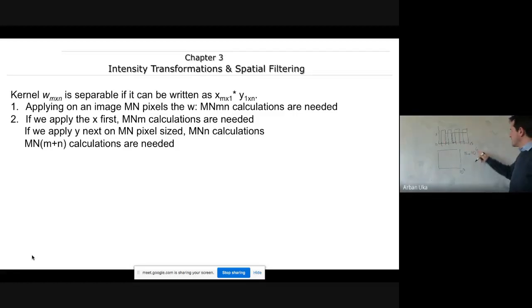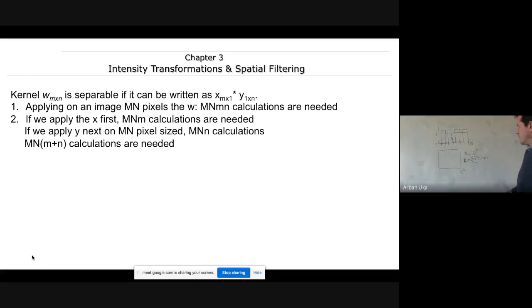Now if we use a kernel, let's say 3 by 3, it's around 10 multiplications if we convolve it with an image. 3 by 3 is approximately 10, so overall, this is 10 to the power 1.